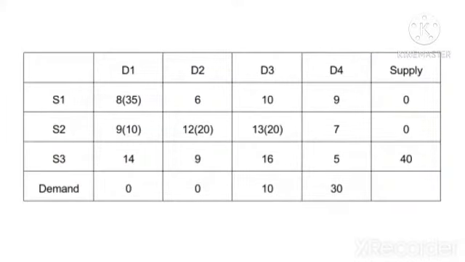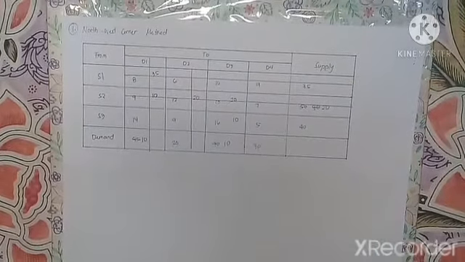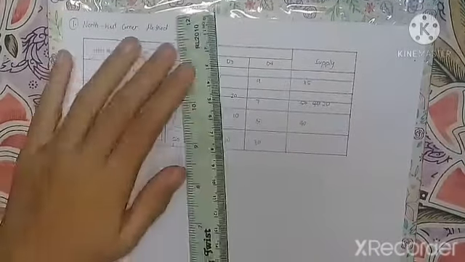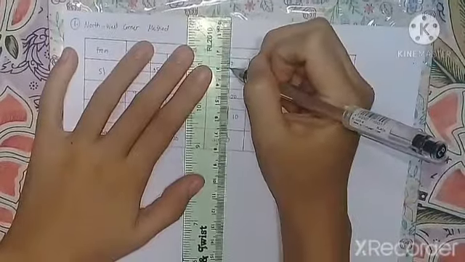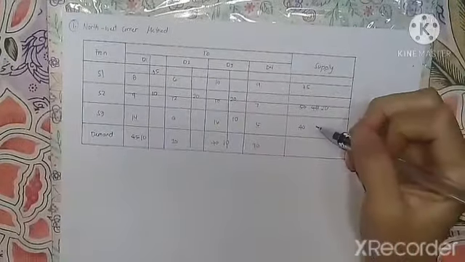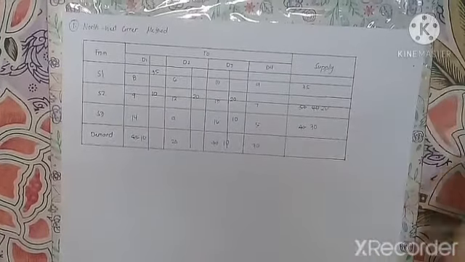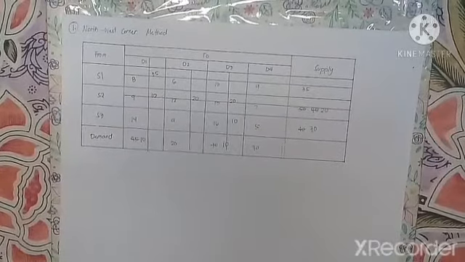Next, the demand for D3 is 10 and the supply for S3 is 40. The least unit is 10. The third column was satisfied and leaves 40 minus 10 equals 30 units with S3.